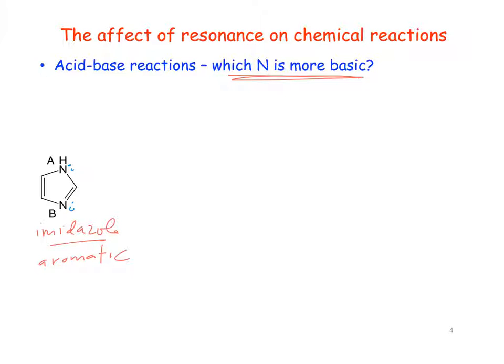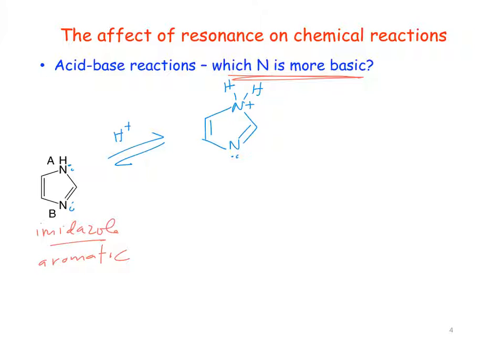Okay, so what we're going to do in this case is draw out the conjugate acids, and figure out which conjugate acid is more stable, and that one is going to tend to form more readily. All right, so this is going to react with a proton. We're going to protonate nitrogen A first. We already have an H on there, so we add another H. It's going to put a plus charge, double bond, non-bonding electrons.